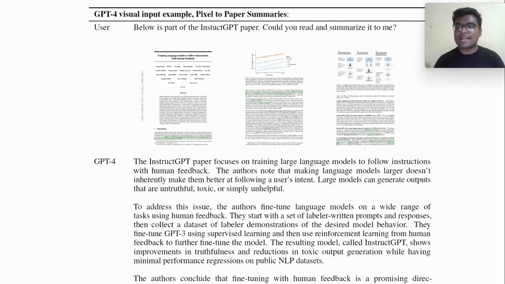Based on Instruct GPT, ChatGPT is another version, a brother of Instruct GPT. You can find the technical paper for Instruct GPT in the comment sections below. Feel free to read the paper so that you can understand a lot about what Instruct GPT is. Now let's see how GPT-4 summarizes it.